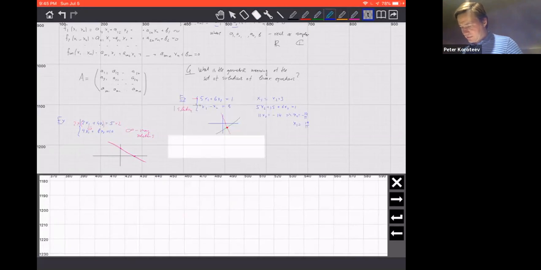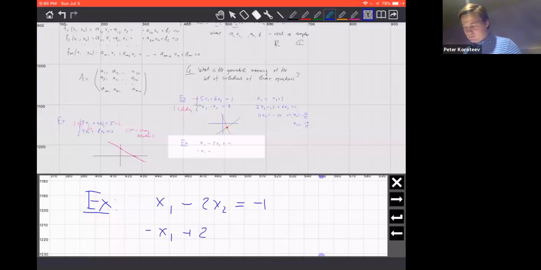Finally we can get an example, probably one of the last things today. We have x1 minus 2x2 equals -1, and minus x1 plus 2x2 is equal to 3. What's the set of solutions here?